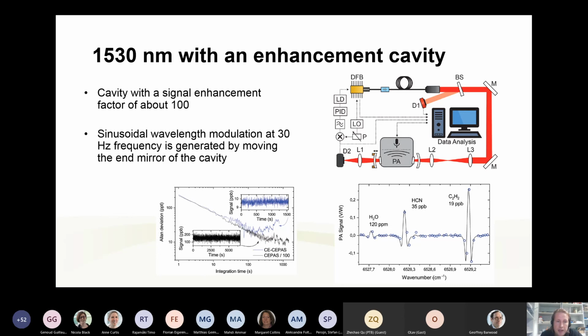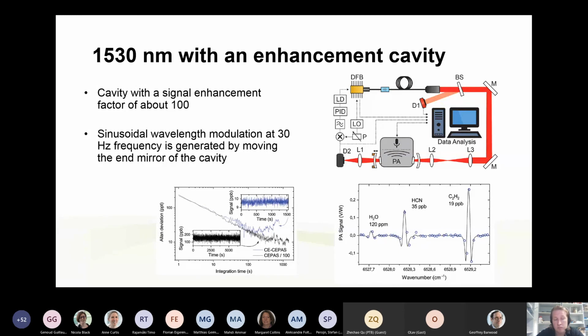In the Allan deviation plot, there are two curves that overlap at low integration times. One is without the cavity enhancement, the black one, and the other is with the cavity enhancement.